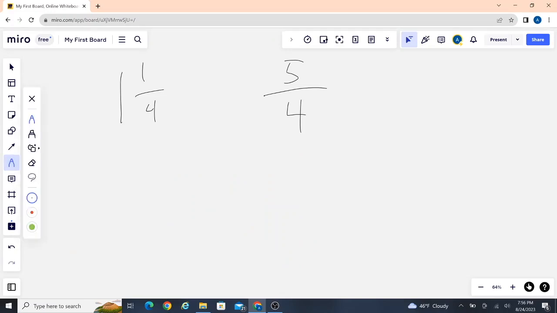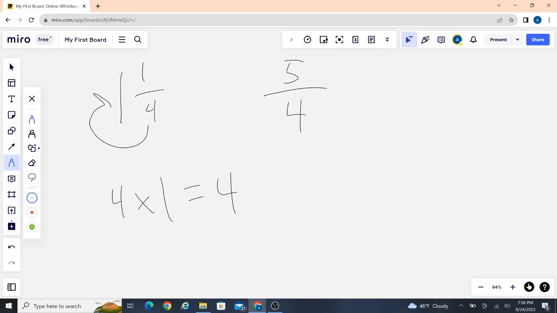All right, all we're going to do here is take our denominator and multiply it by our whole number, and then we're going to add in our numerator. So what's that going to look like here? We're going to take our denominator, multiply it by our whole number. So we're going to say 4 times 1. Of course, that's just going to give us 4.